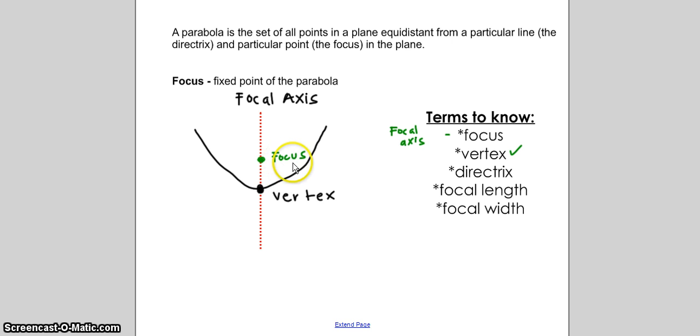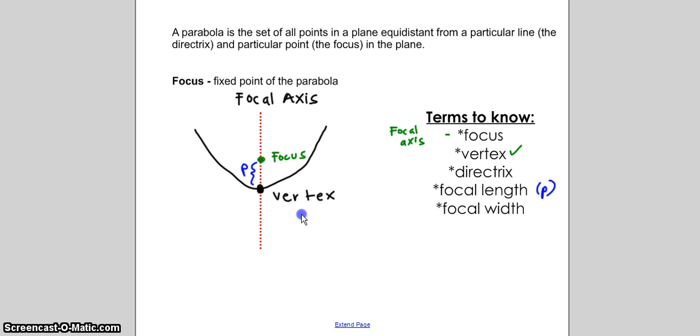The distance between the focus and the vertex is called the focal length, and that focal length we give the letter P.